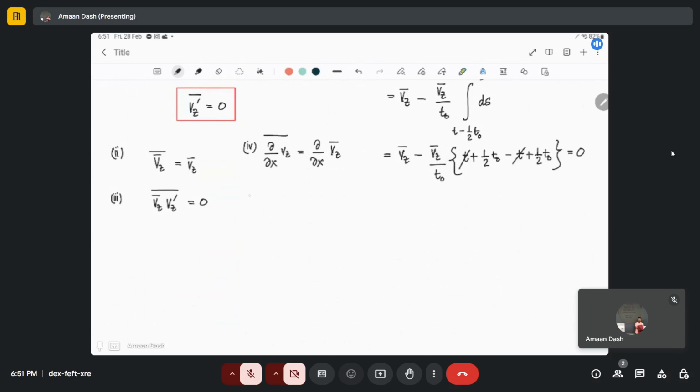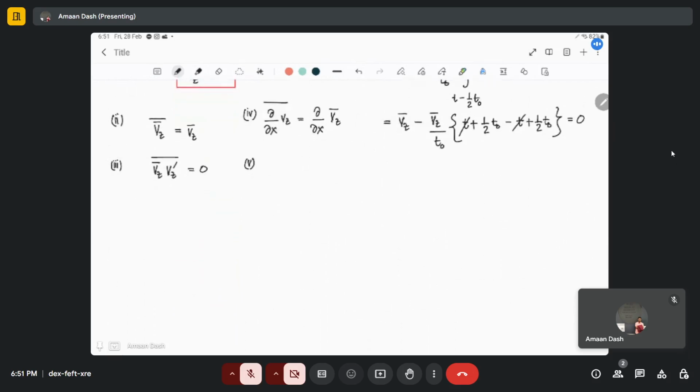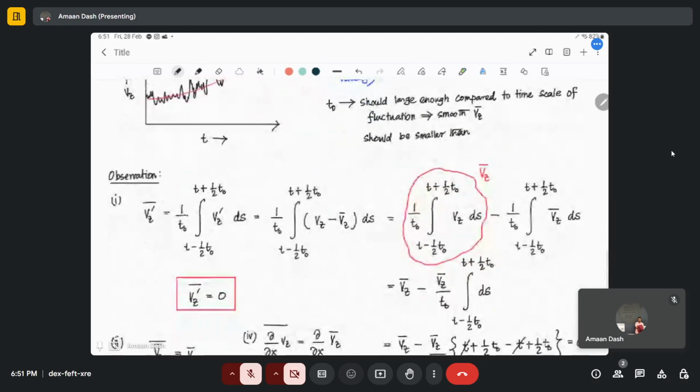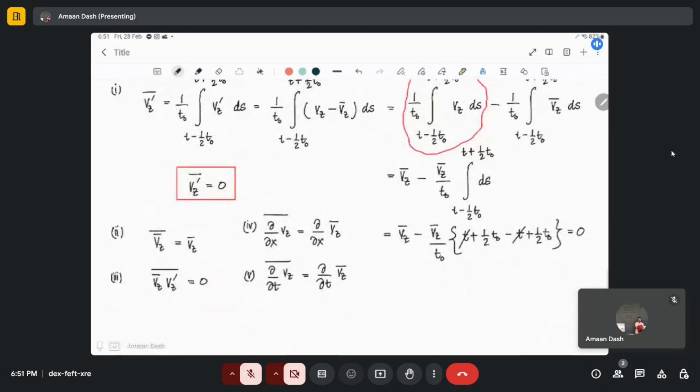Again, this is for any coordinate system that we have, and also with respect to time. These are some of the observations that we can derive from this definition. I have shown you the first one; the rest you can do on your own.